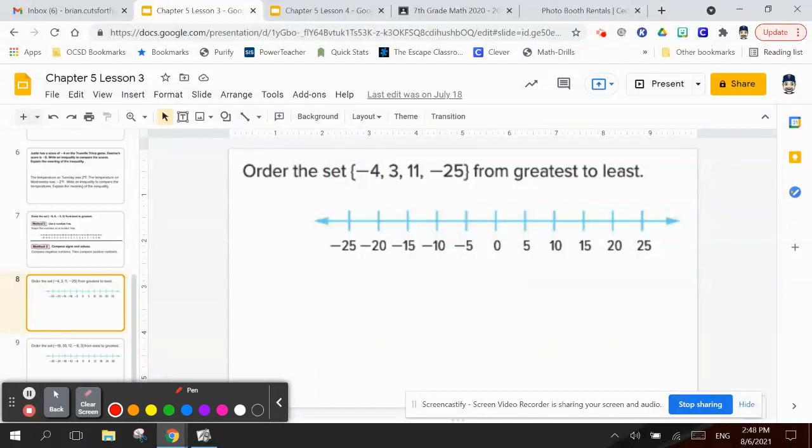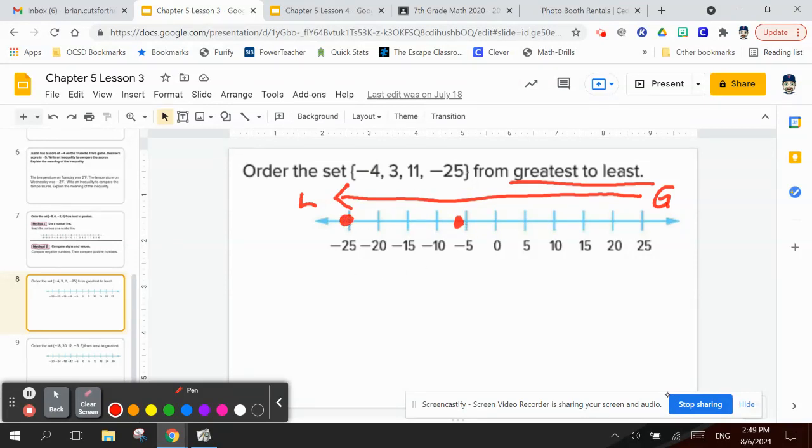So if we look at this, we have a set of -4, 3, 11, and -25. We want to order this from greatest to least. So we're going to go backwards. Let's put our numbers in order from smallest to largest. I'm going to compare the negatives. -25.